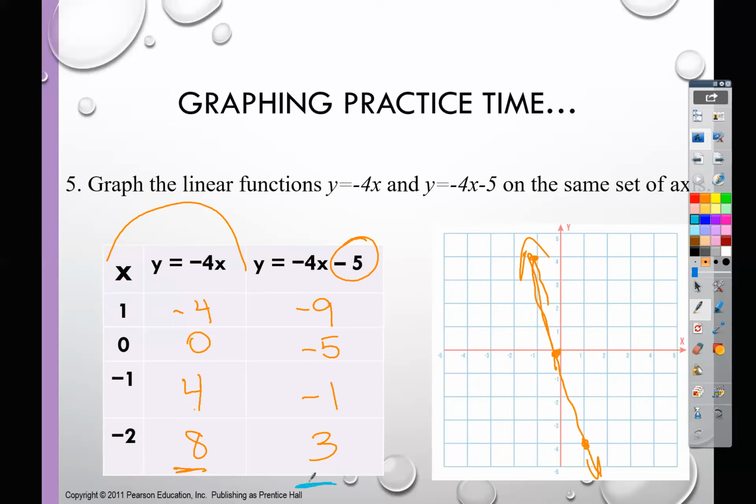Okay, so 1, negative 9 would be way down off of the graph. 0, negative 5, I can do that. Negative 1, negative 1. So right now I'm plotting these two, okay? So negative 1, negative 1, negative 2, positive 3.